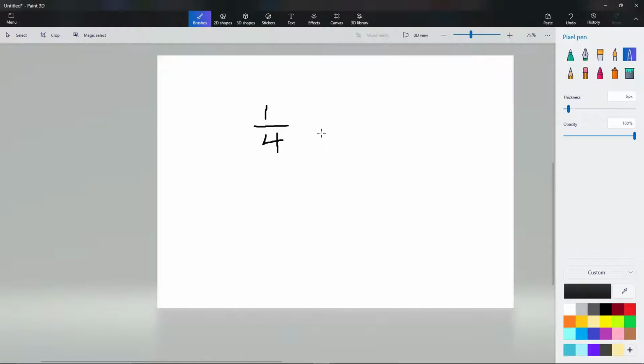This is represented as a quarter of something. So a quarter of 4 would be 1. A quarter of 4, because if you do this times 4, you're essentially doing 1 over 4 plus 1 over 4 plus 1 over 4 plus 1 over 4.